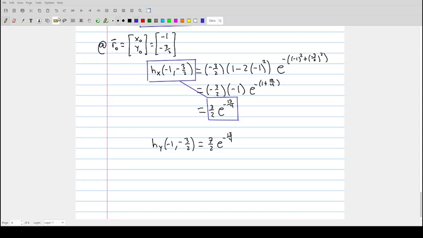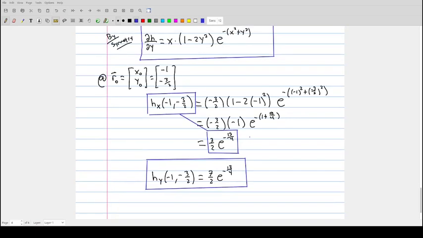And you get this by doing what we did before, which is plugging in -1 and -3/2 into the equation that we obtained before for dh dy.